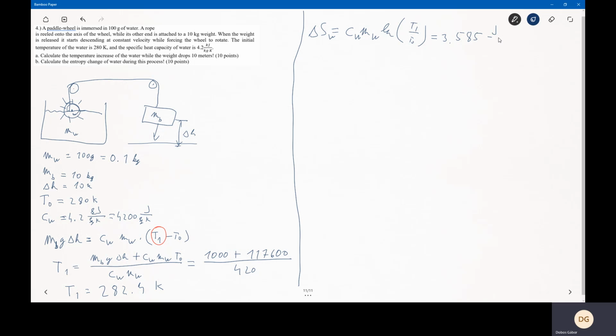This is in joules per kelvin, because remember here in the beginning I changed everything into basic SI units, so this is also in basic SI units, so that's the final answer.